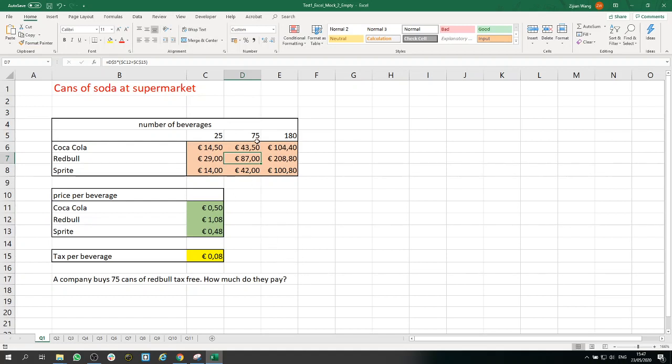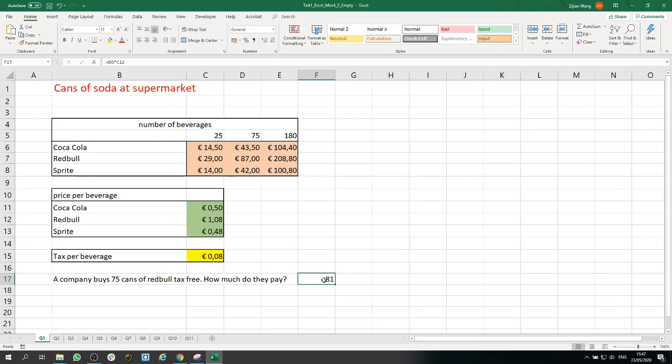That is, we just start by calculating with the number of Red Bull and the price of Red Bull. As long as we don't add the tax, it will not be there. Probably this is an easier approach to tackle this question. Here we go, 81. That's the answer.